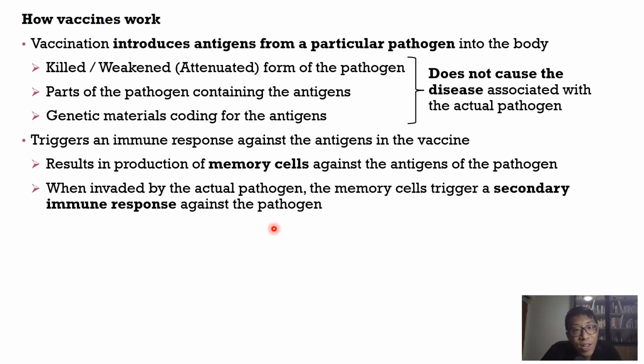So that would effectively protect us against the actual pathogen, and we shouldn't get sick, or not so severe disease, right, due to the actual pathogen. Right, so this is how the vaccines work to protect us.